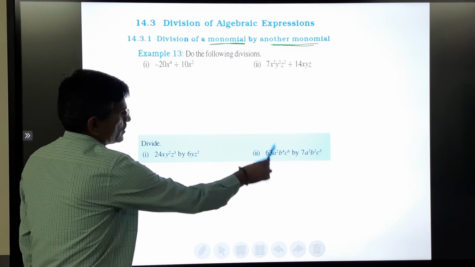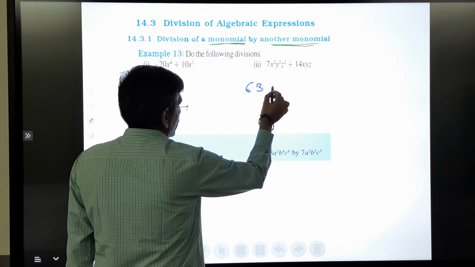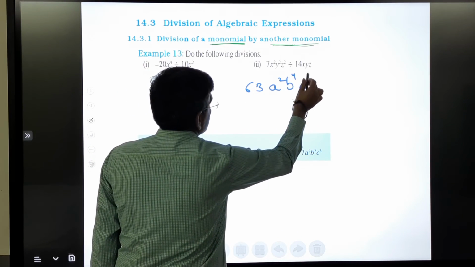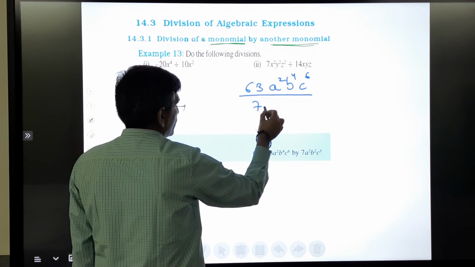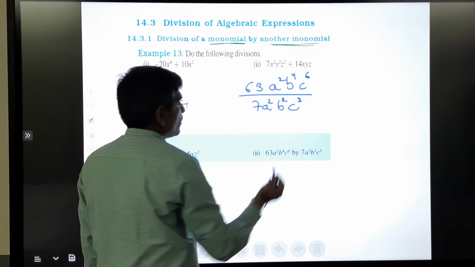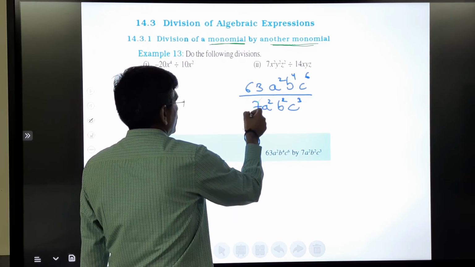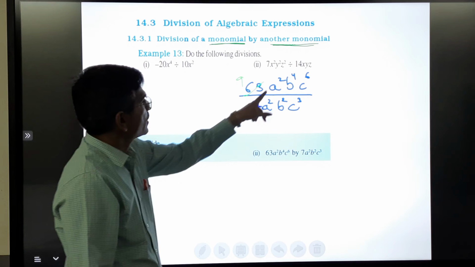Now 63, again I am writing 63 a the power 2, b the power 4, c the power 6 divided by 7 a the power 2, b the power 2, c the power 3. Again 7 nines are 63. Now the powers we have to reduce.